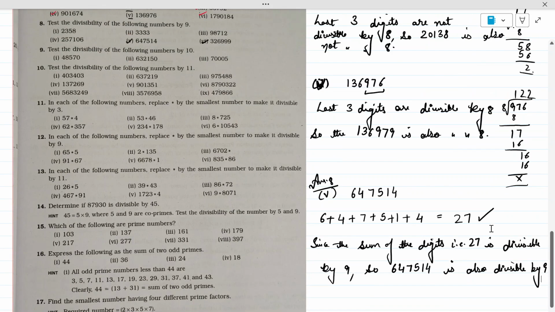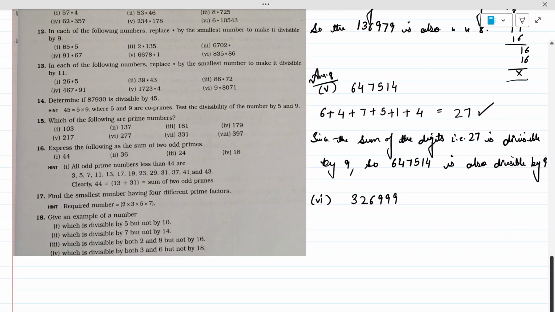Done. Next we have the sixth number. This is 326999. What we are going to do again is add up these digits. So we have 3 plus 2 plus 6 plus 9 plus 9 plus 9. 3 times 9 is 27, right?